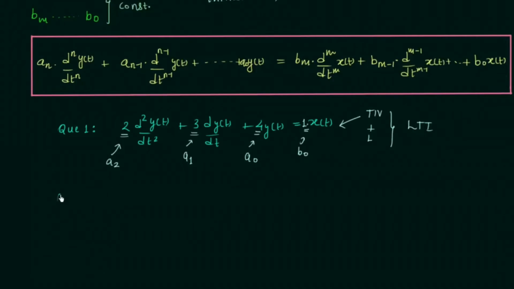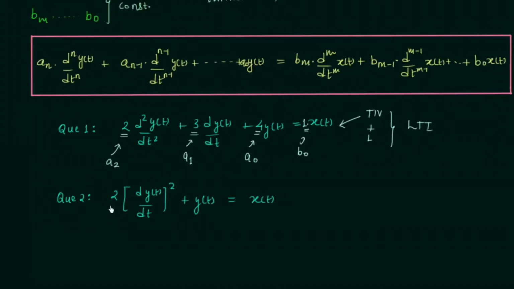Now we will move to question number 2. In question number 2 we have 2 times the first derivative of output, but there is a whole square. So 2 times the whole square of the first derivative of output y(t) plus y(t) equal to x(t). So the coefficients are definitely constant here.